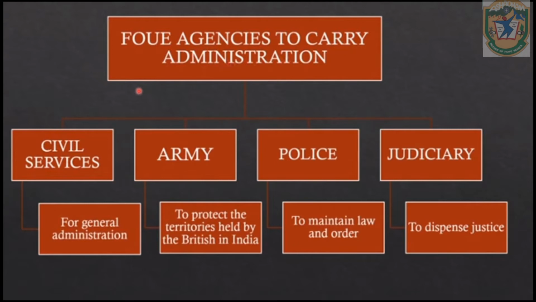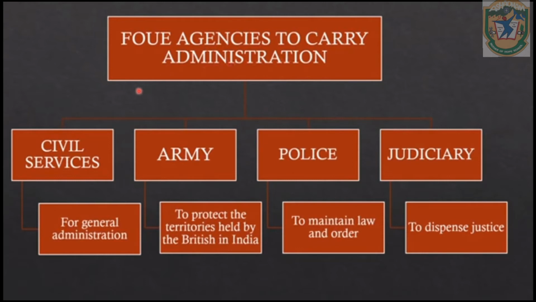And what were the main functions of all these four agencies? Civil service: the main function was general administration. Army was to protect the territories held by the British in India. Police: the main function of police was to maintain law and order. And judiciary, we all know the main function is to dispense justice.